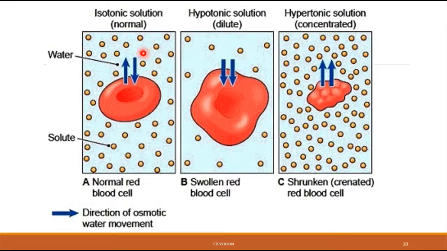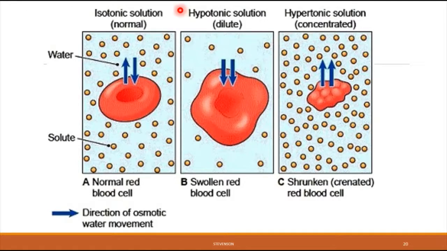If everything is already equally spread out, both outside and inside of the cell, then there is no particular impetus for water to move in either direction. Therefore, there is not a rush of water into the cell or a rush of water out of the cell. Everything is in equilibrium.